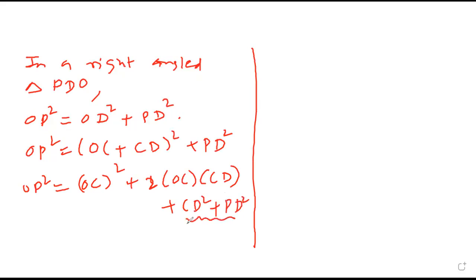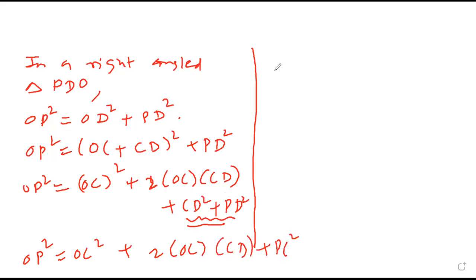What is CD square plus PD square? Can you see the triangle? PC square, yes. Perfect. Now OP square equals OC square, OC is R, plus 2 times R into CD plus PC square. I am interested in MR square. R square I got.